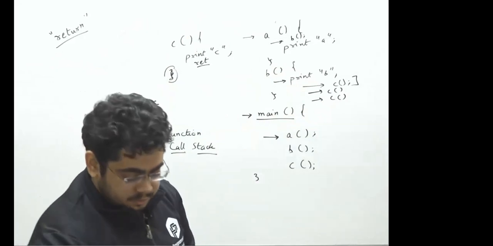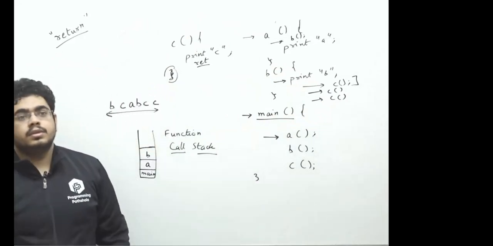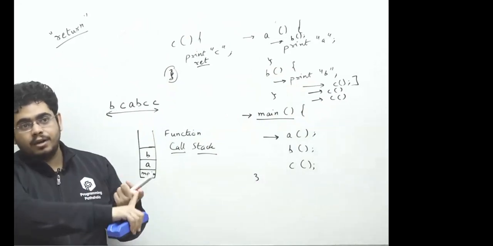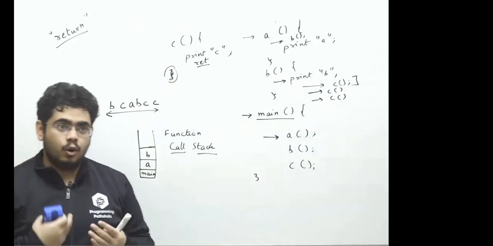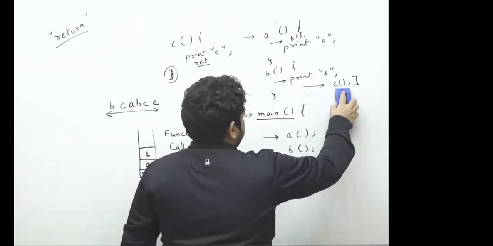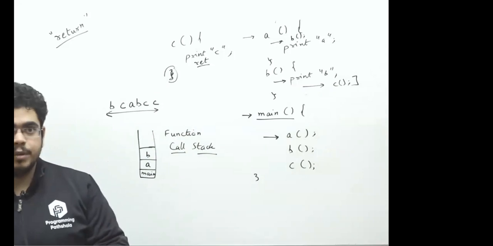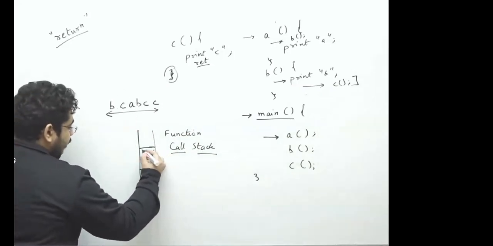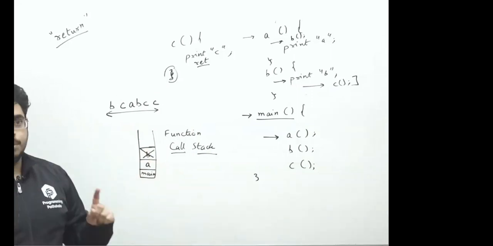Am I making sense? Yes or no? It does not exit. It just gives the control back to its parent, the one that called it. In terms of computer, it simply means it will remove the top thing from the stack.